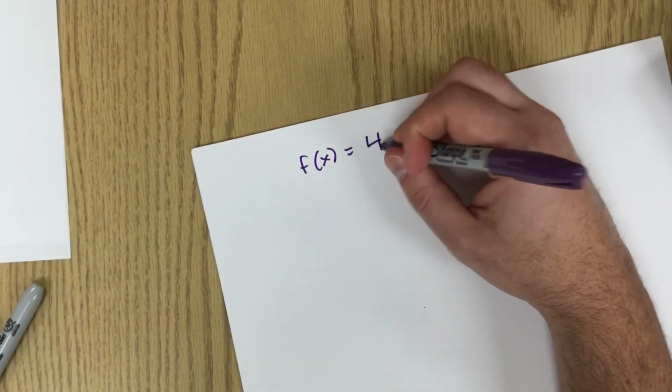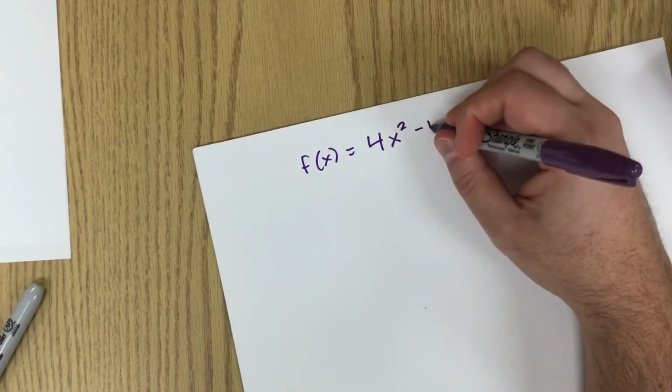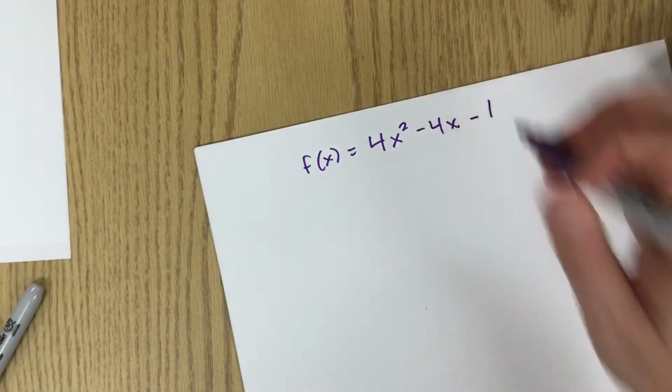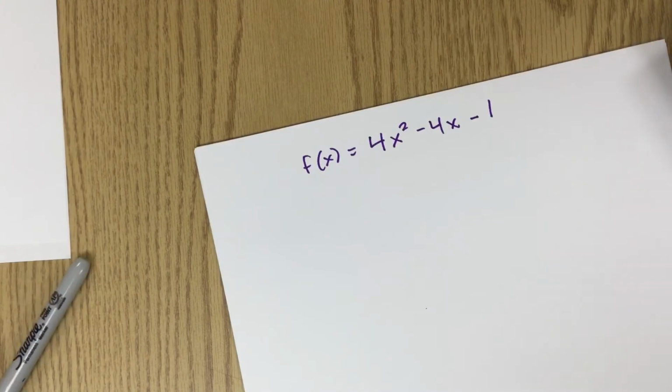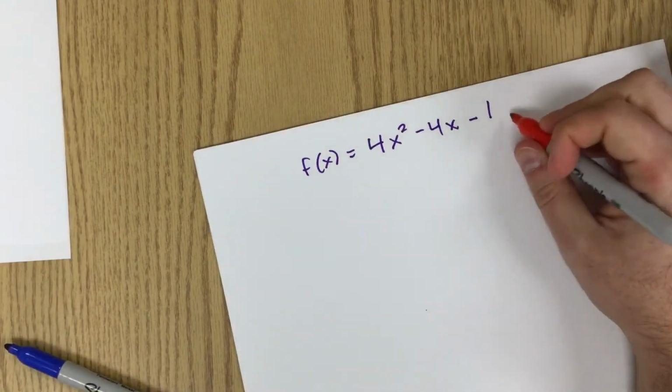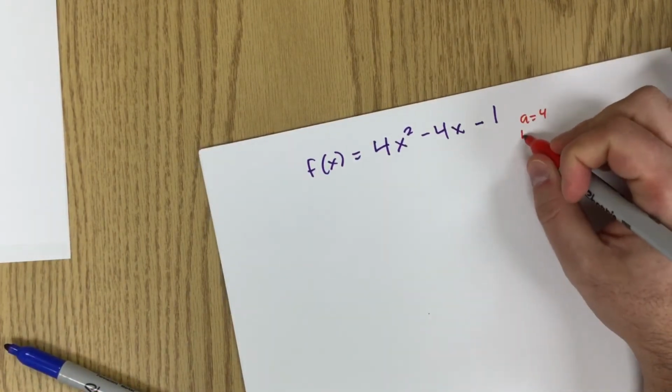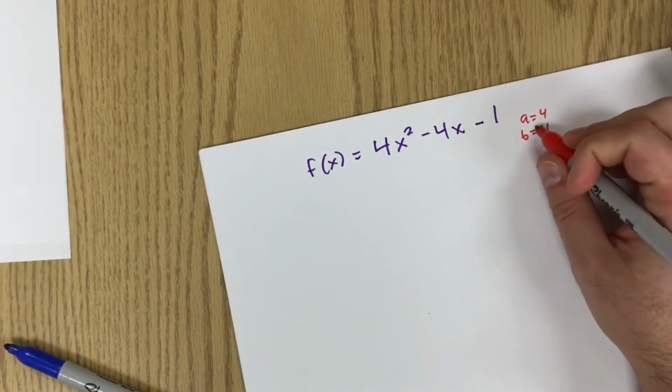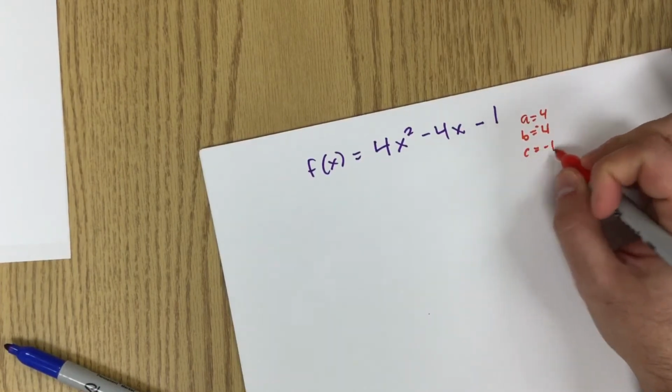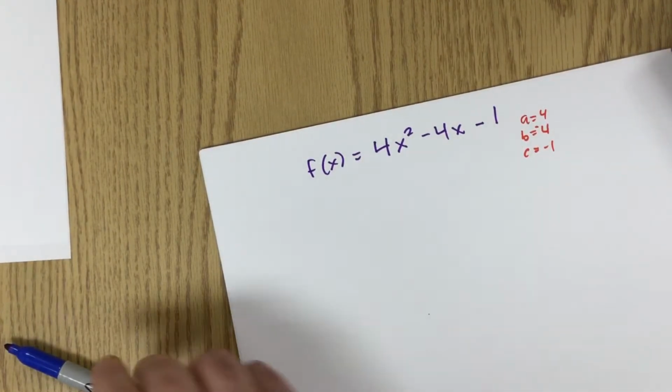Okay, let's try another one: 4x squared minus 4x minus 1. Let's quickly mark it. Our a is 4, our b is -4, our c is -1.